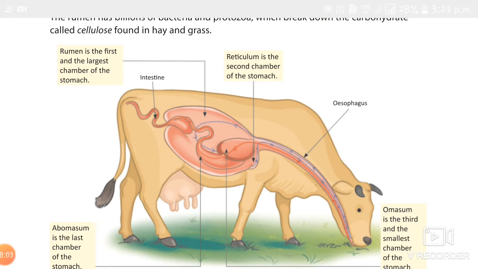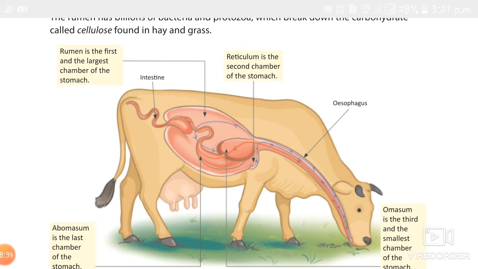Here, hydrochloric acid and gastric juices are secreted through the walls and digest the proteins. The food takes a long time to pass through the digestive system of the ruminant.